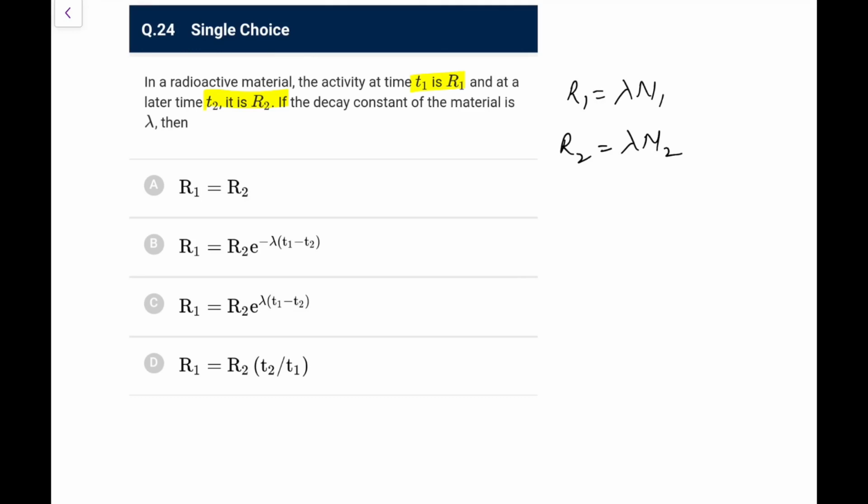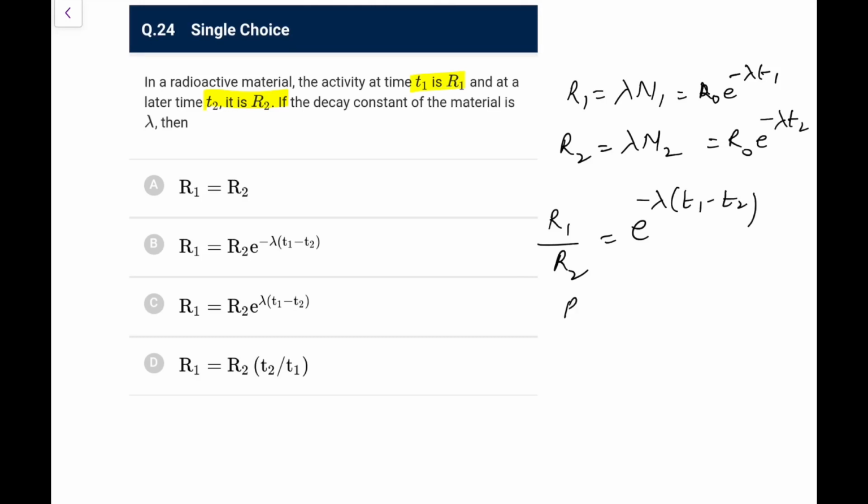For the decay constant, I can treat it this way: you can write R1 = R0 e to the power minus lambda t1, and R2 = R0 e to the power minus lambda t2, which would be the better way. So R1 by R2 comes out as e to the power minus lambda (t1 minus t2). So R1 is R2 e to the power minus lambda (t1 minus t2), that would be the answer. So go for option B in this particular case.